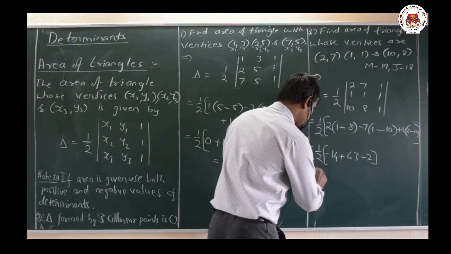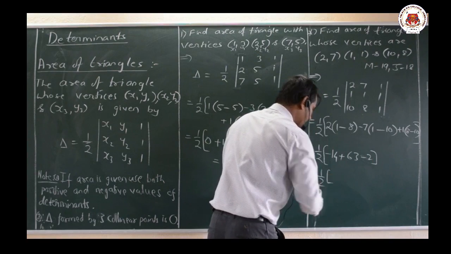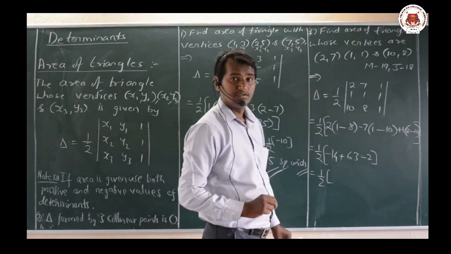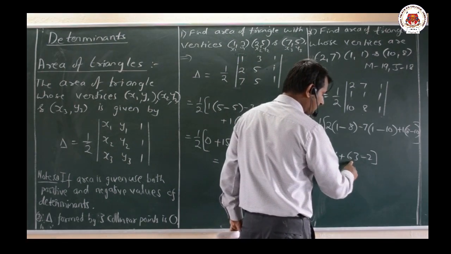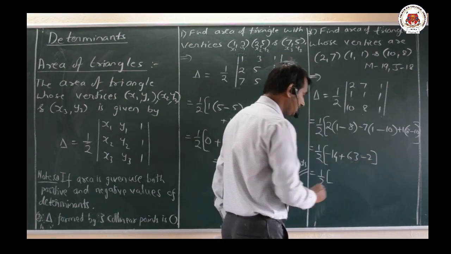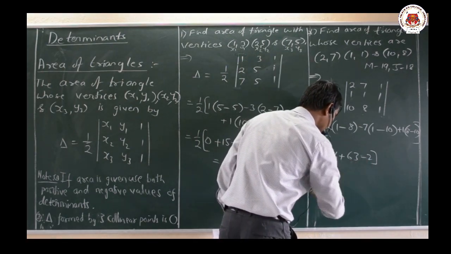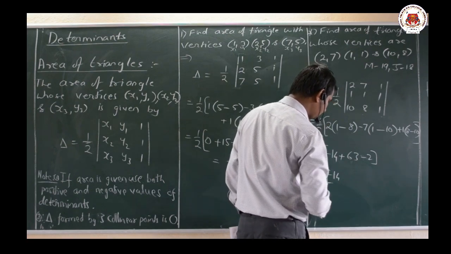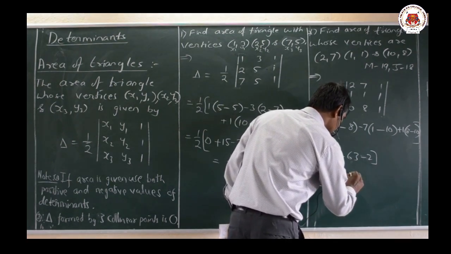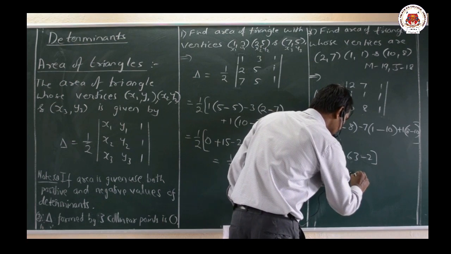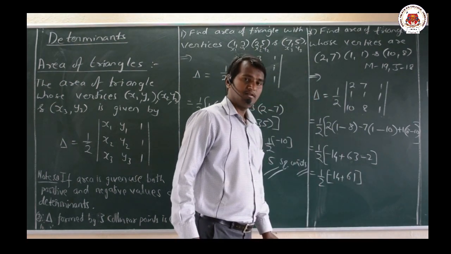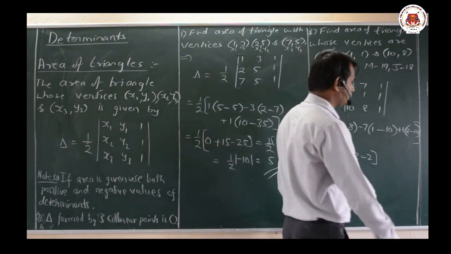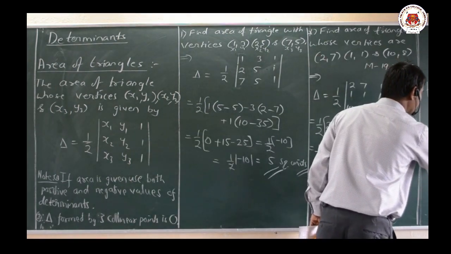Now we just have to add it, which is equal to 1 by 2 into 63 minus 2, the value will be 61. Then minus 14, that is 61 minus 14.